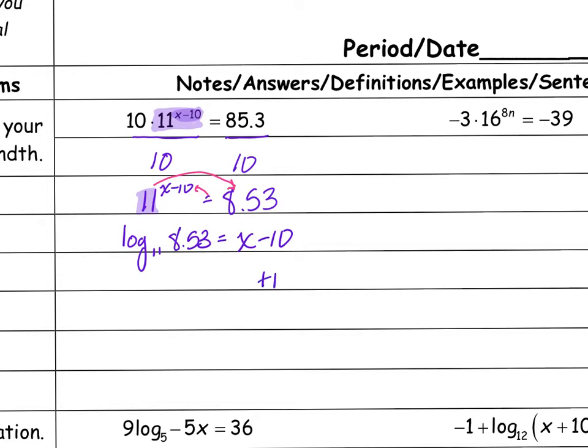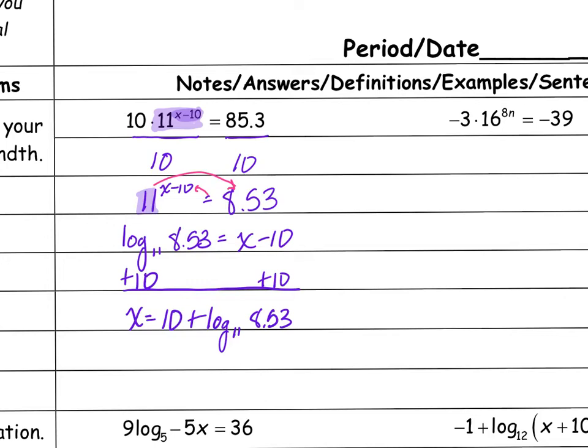And then I'm going to add 10 to both sides. And I get x is going to equal 10 plus log base 11 of 8.53. Let me rewrite that a little bit, sorry. And then we're going to put that into my calculator.